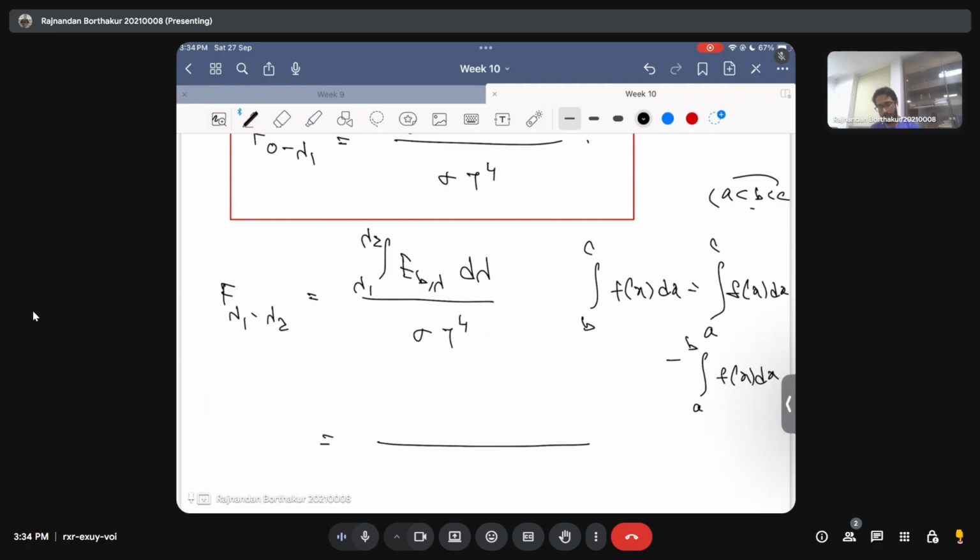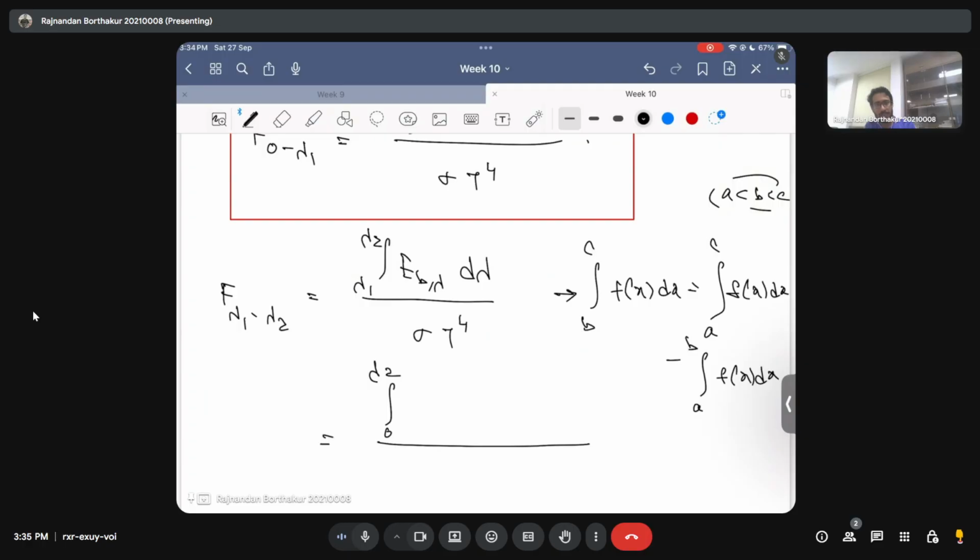So in this domain you can basically write that the integral from b to c is equal to the integral from a to c minus this integral. So if you use this concept of integration, then you can write this as integral from 0 to lambda 2. The reason why we are writing this will be very clear shortly.